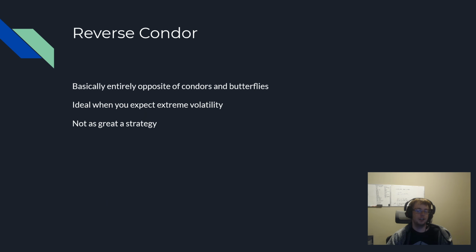So, I don't have charts for this, but a reverse condor, basically, it's the opposite of a condor or, I guess, a butterfly. You're pretty much just trying to profit off of extreme volatility in an environment where maybe the market isn't expecting it, but you are.